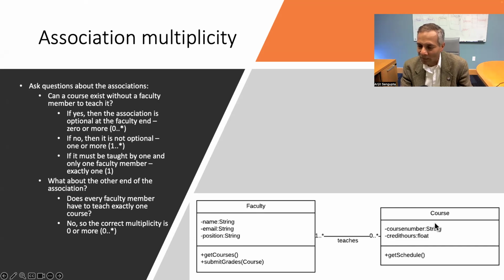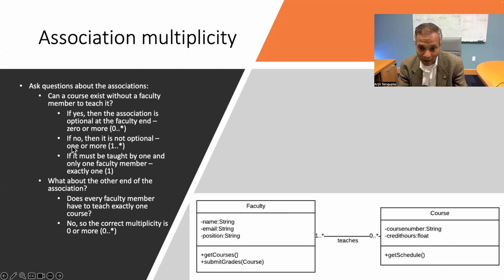Now, if you look from the course's perspective towards faculty, given a course, there should be at least one faculty member teaching it, but sometimes a course could be taught by multiple faculty members. So you can say 1..*. That is called multiplicity. And multiplicity could be shown with these ranges. For example, 0..* means it's optional, may not have one, but could have multiple.